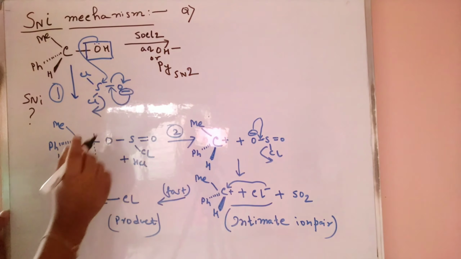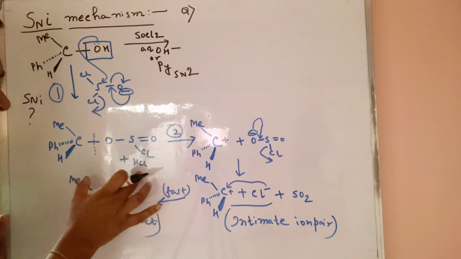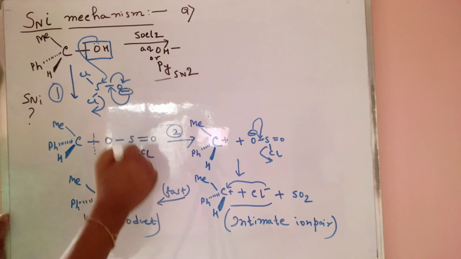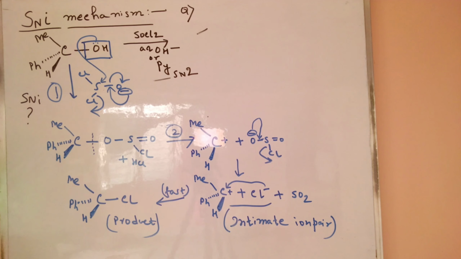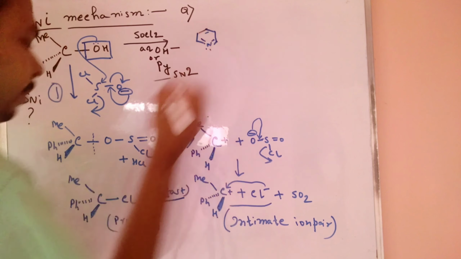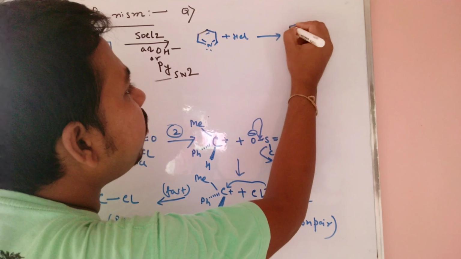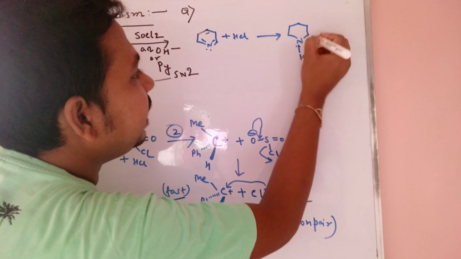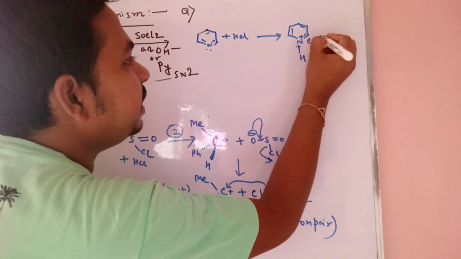Because after formation of this product with HCl, in presence of aqueous OH minus or pyridine, the pyridine undergoes salt formation. Here N is the pyridine, and in presence of HCl formation of pyridinium salt occurs, with N–H plus charge and Cl minus.